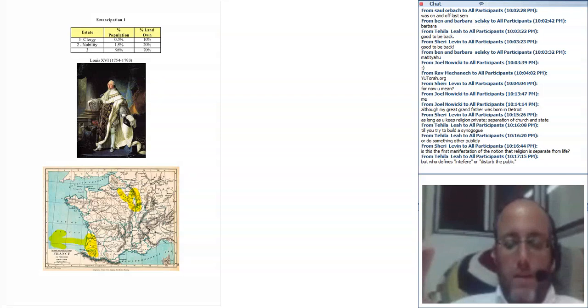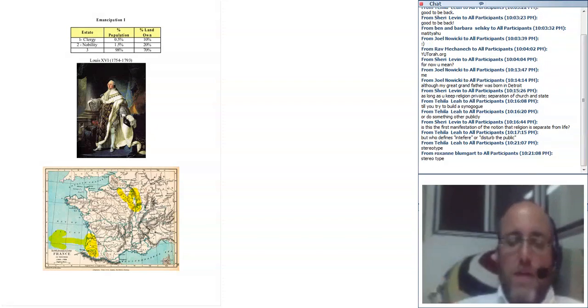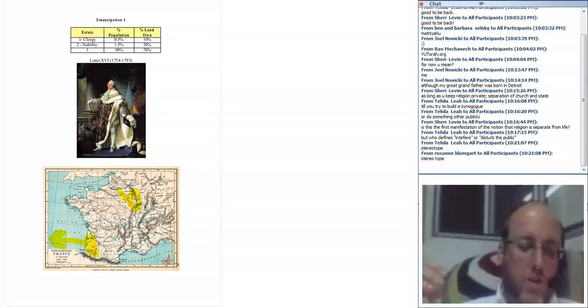They're of course money lenders, which, I mean, you've seen enough Shakespeare or television to know that this becomes the, what do you call it, the words escape me. This becomes the stereotype of the obnoxious Jew.